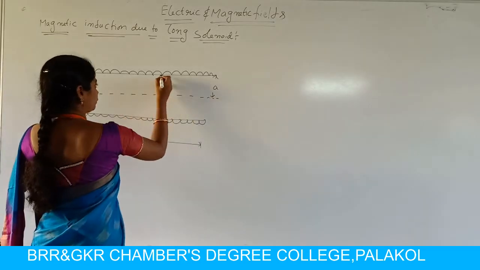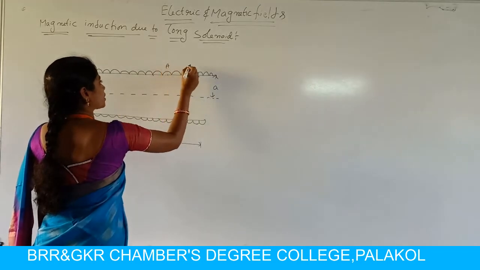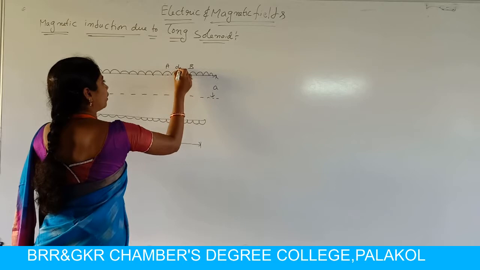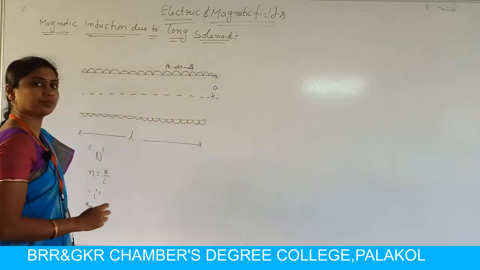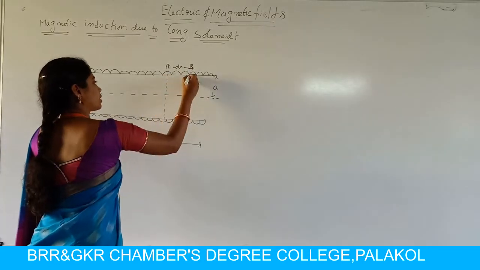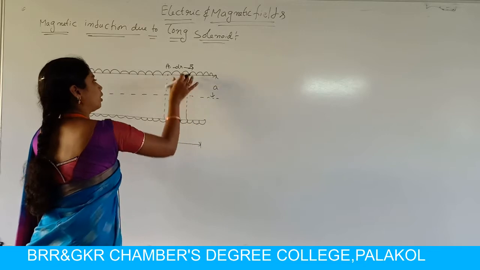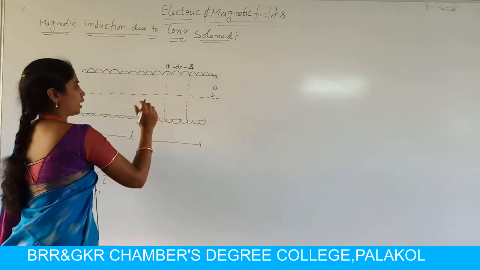In this solenoid we consider a part which is named AB, and the element is treated as its length dx.